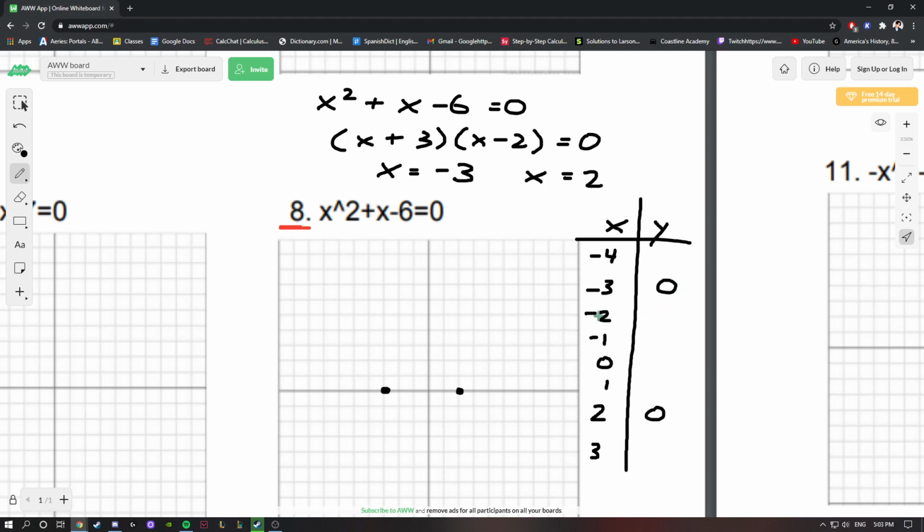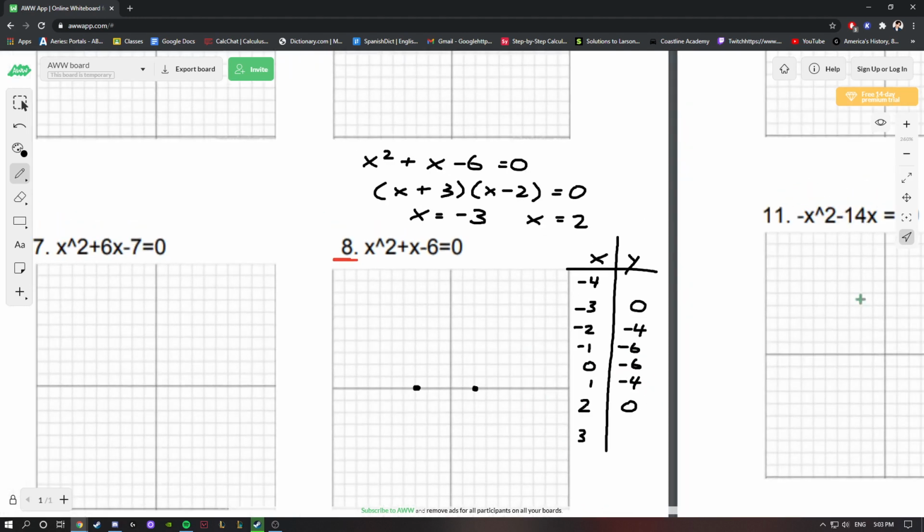So if we test -2, we get 1 times -4, I think. Same thing here, -4. Then 0 should be -6, and so is 1, -6.